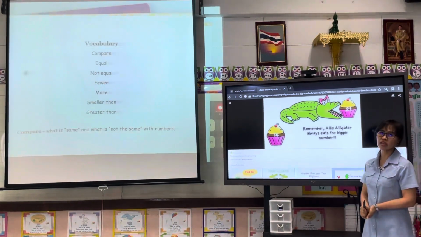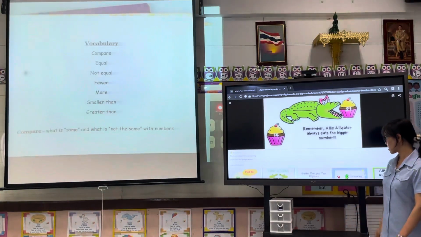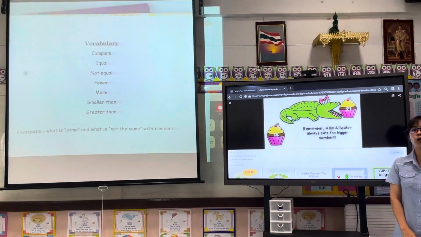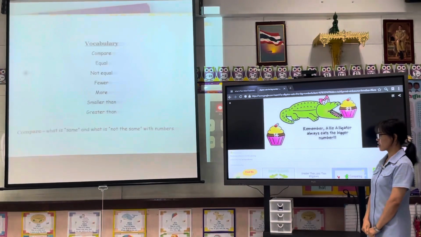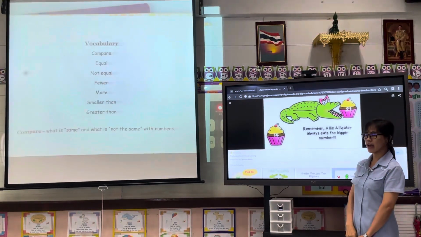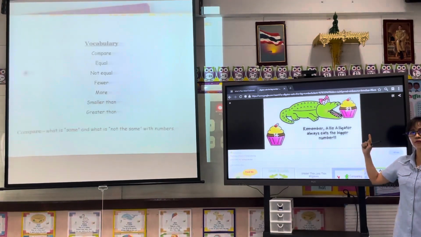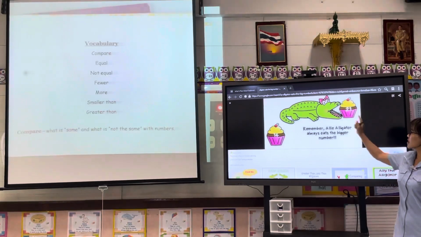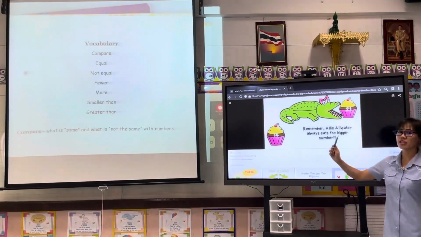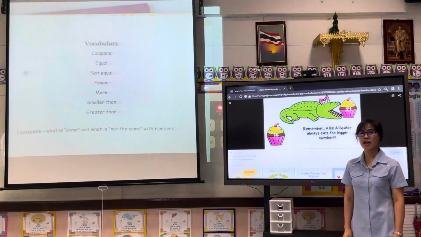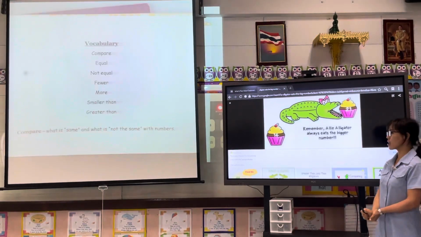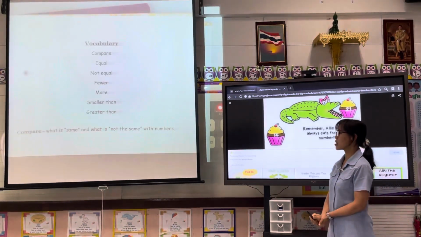He wants to eat a lot because he is always hungry. He is hungry all the time. Okay, so this is a trick for you to easily remember the sign we are going to use in comparing numbers.